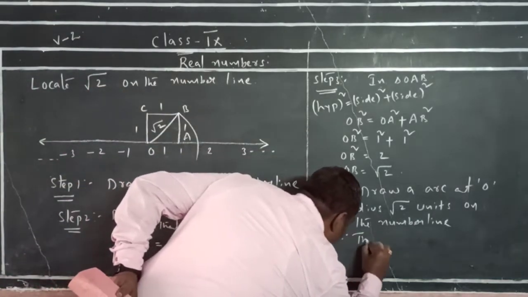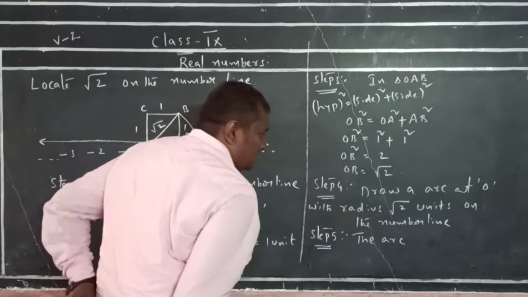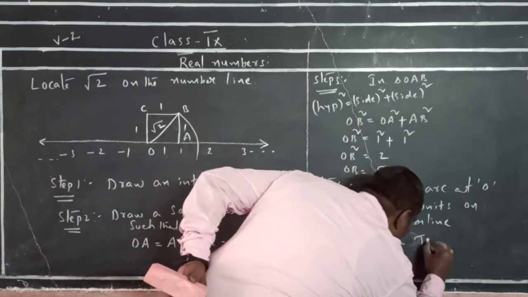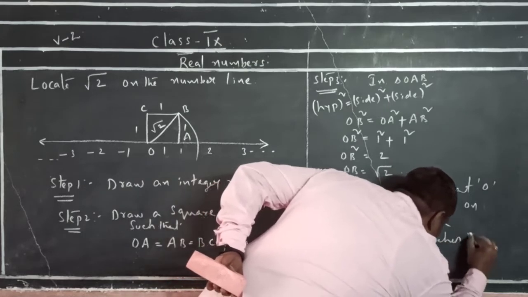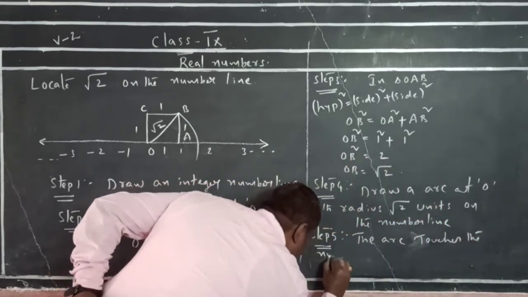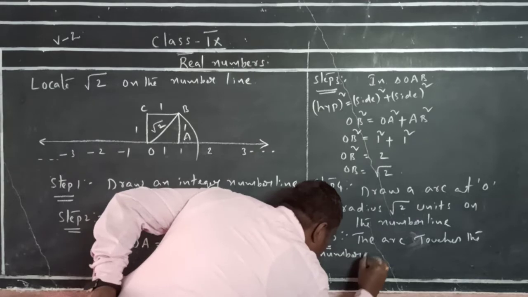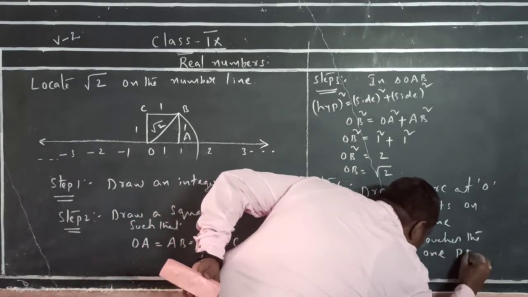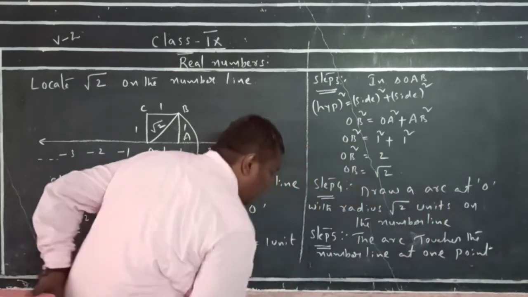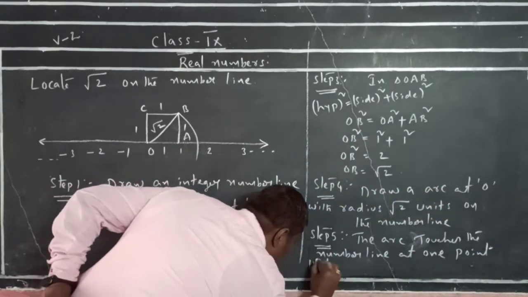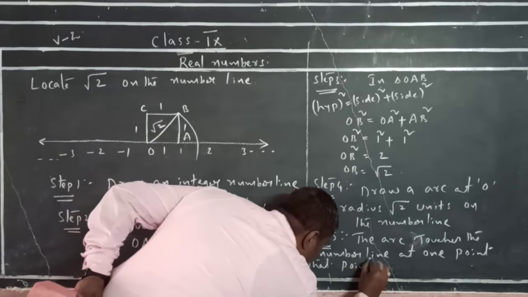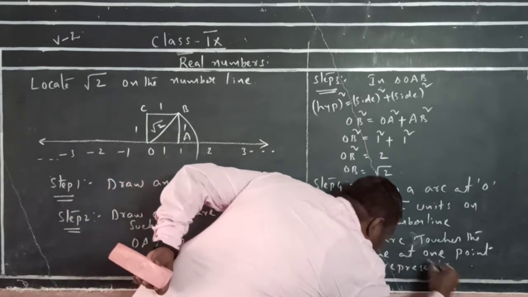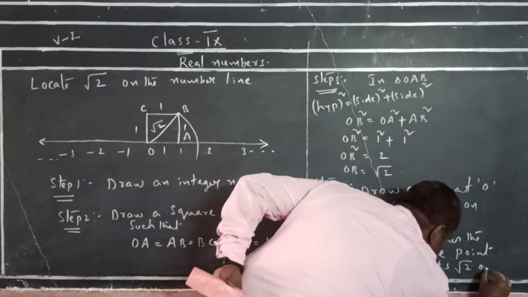The arc touches the number line at one point. The point represents root 2 on the number line.